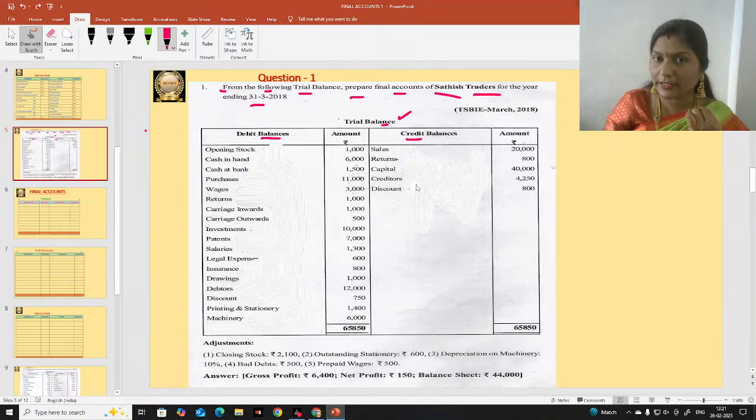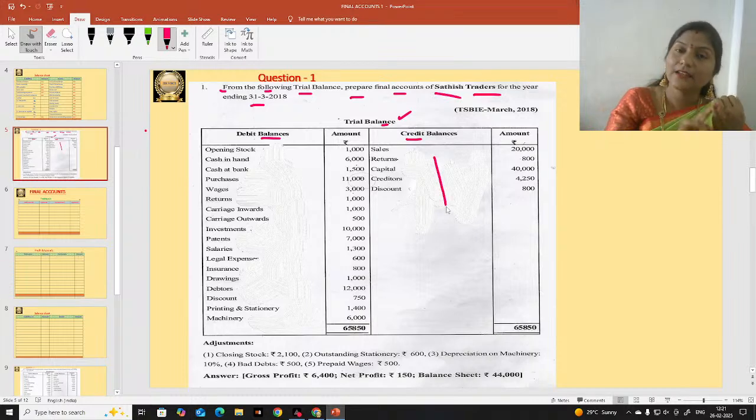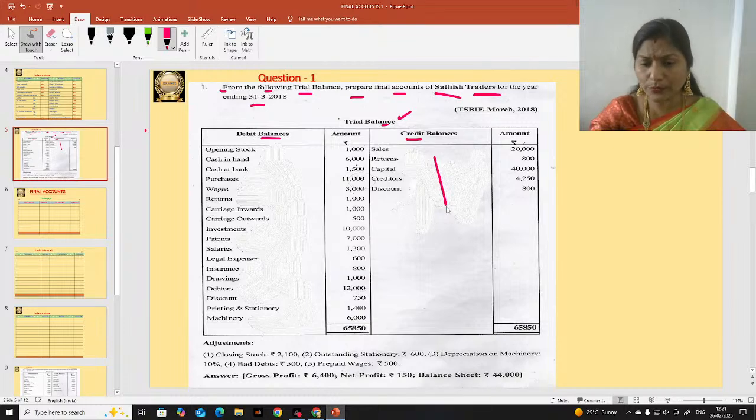Remember that point. And we should not show any other side, only these three sides. So we should show these credit side items either in the trading account credit side, profit and loss account credit side, or balance sheet liabilities side. Okay, hope that is clear.